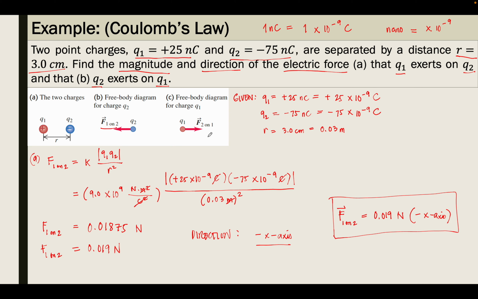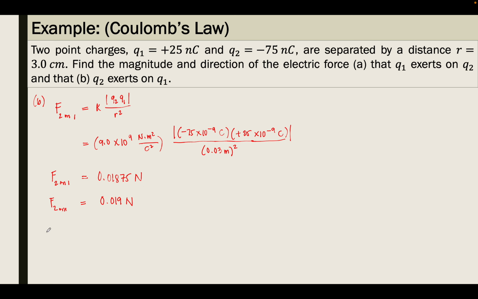That's why the direction is going to the right. Okay, so it is moving along the positive x-axis. So if we rewrite this one, the vector force that Q2 exerts on Q1 is equal to 0.019 Newton along the positive x-axis. So this is the answer for the magnitude and the direction of the force that Q2 exerts on Q1.